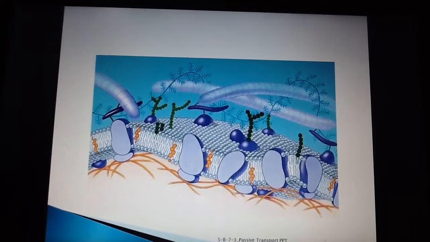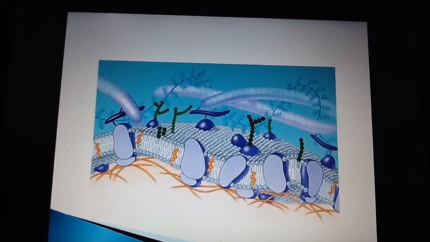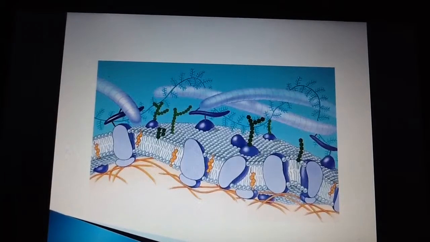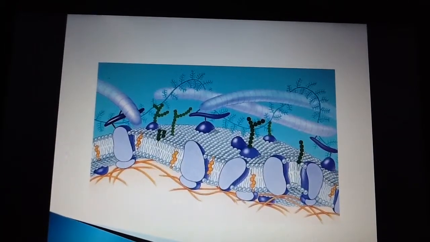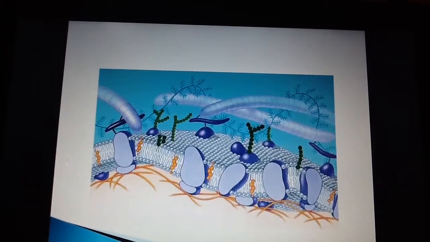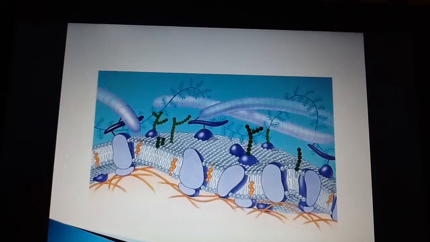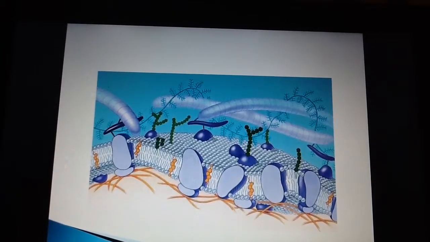We're going to ignore most of the parts of the cell membrane, even though they are important for memorization. But for osmosis, it's just important that we know where the hydrophobic tails and the hydrophilic heads are that create the phospholipid bilayer, which is the cell membrane.